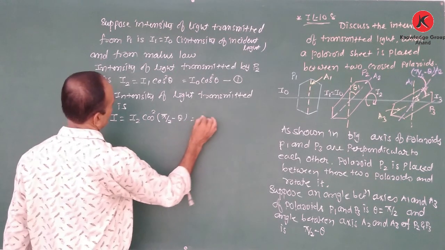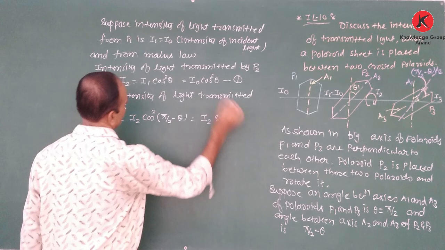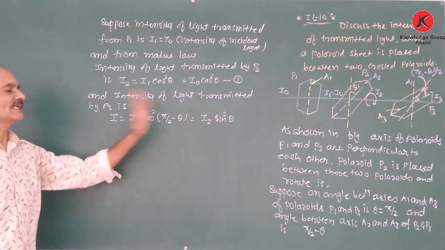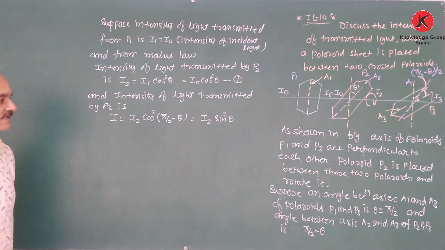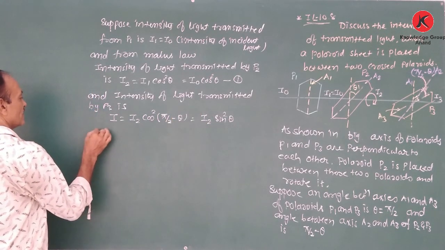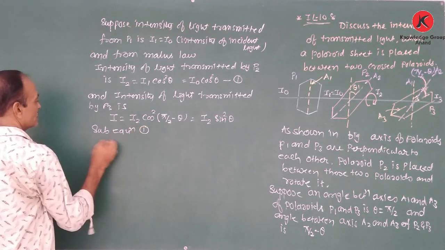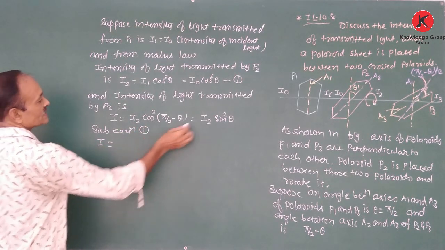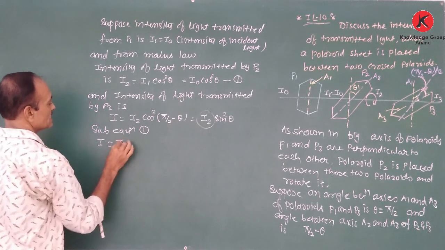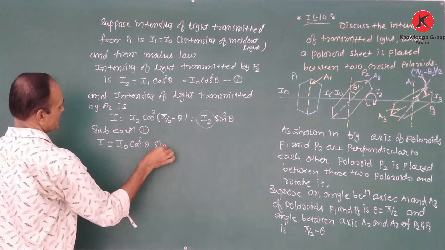So I is equal to I2 sin square theta, because cos of pi by 2 minus theta is sin theta. Substituting equation 1, I is equal to I0 cos square theta into sin square theta.